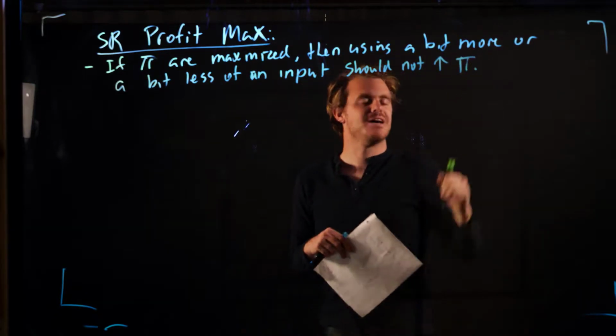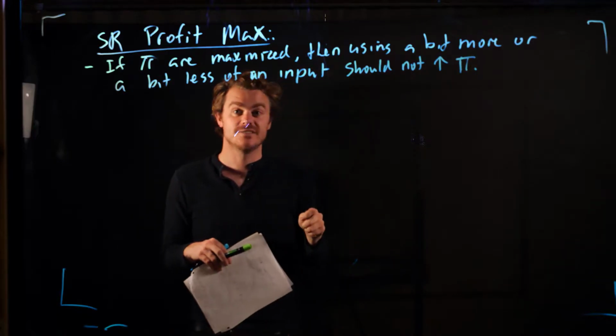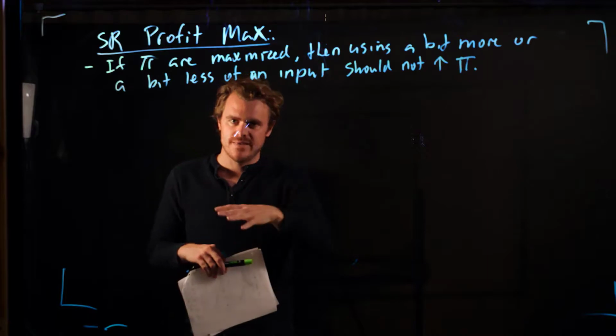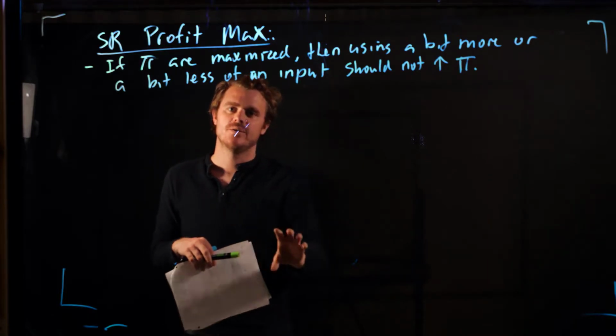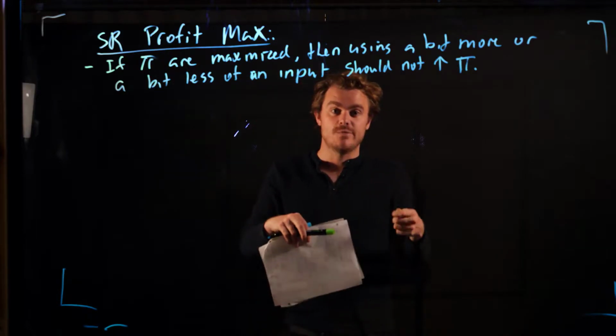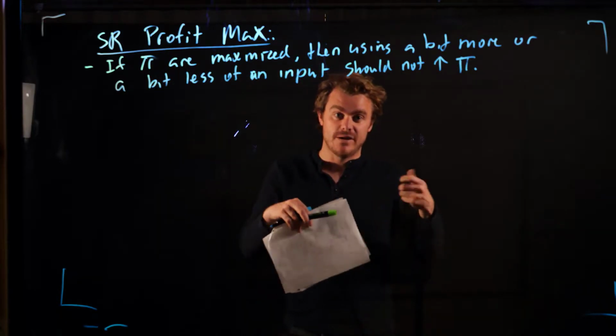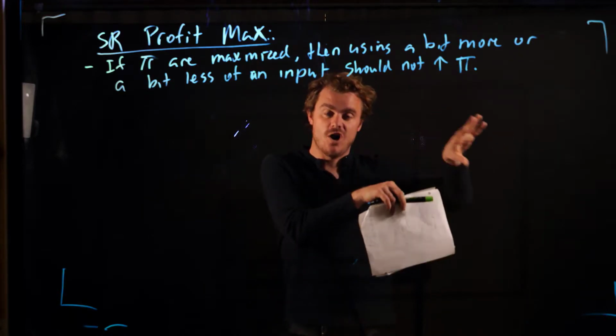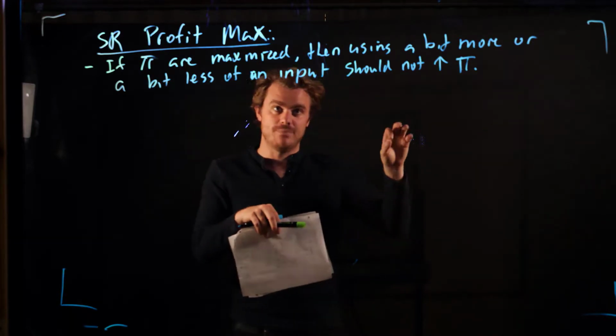That's the definition of a maximization. X1 star, in that optimization criterion we found at the bottom of the last board, is the amount of input one that maximizes profit, considering this constant level of X2, of input two.